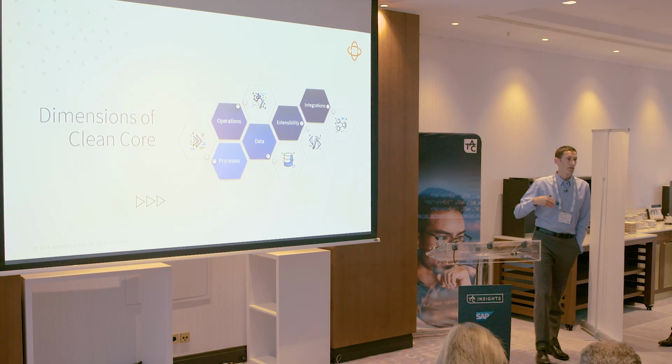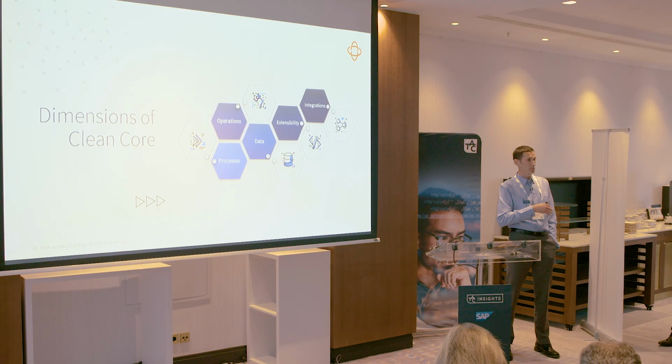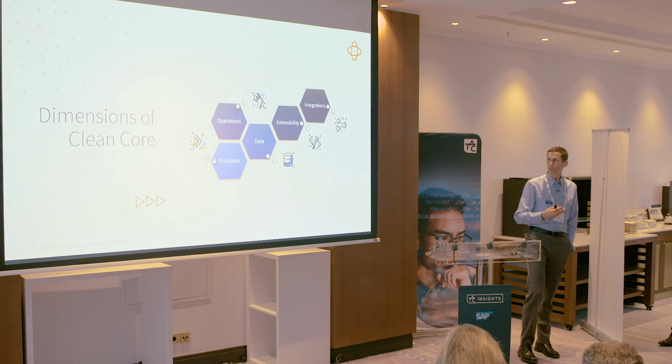Extensibility: you want your extensions to your system, where you do find value, to be able to be upgraded properly. All of your integration systems should not have to be decoupled from that extensibility. Data is probably one of the most important things these days. We're trying to build good reporting and large data structures to give good decision making.